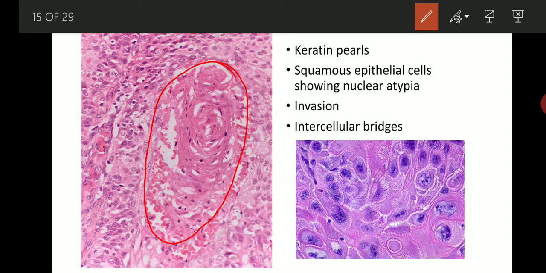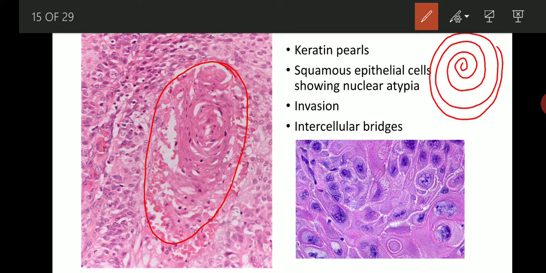So if you see under the microscope, the pearls are usually arranged like this, keratin, and they are surrounded by malignant squamous cells as shown in this picture, and the squamous cells show nuclear atypia. So when I say nuclear atypia, you know I am talking about nuclear pleomorphism, enlargement, irregularity, nucleoli, etc.